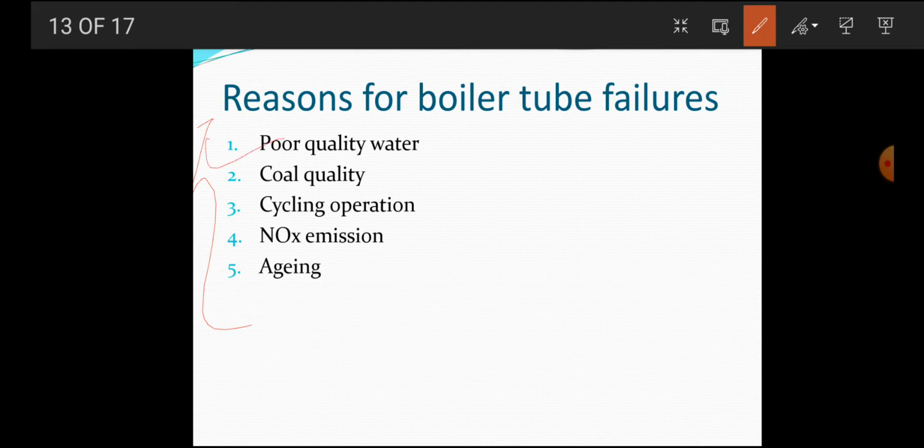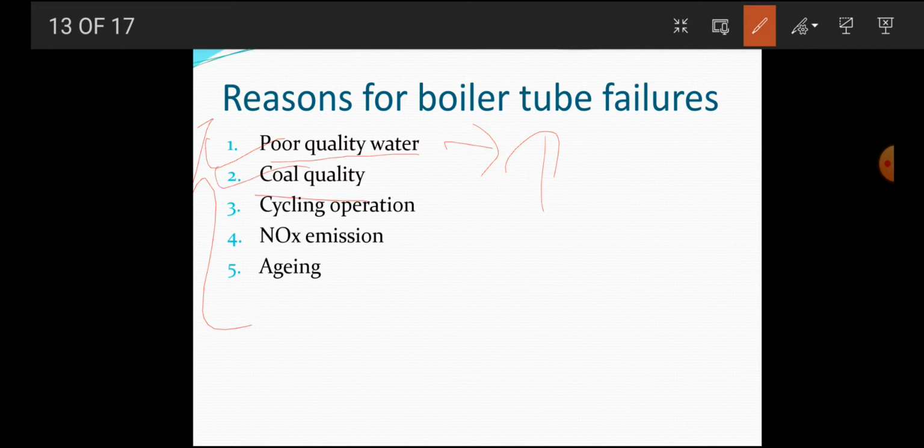With increasing operating pressures, if the pressure is very high, then feed water quality becomes even more critical. So if pressure is high, water quality becomes more important. If the water is impure, your tube may fail because impurities can increase the pressure.